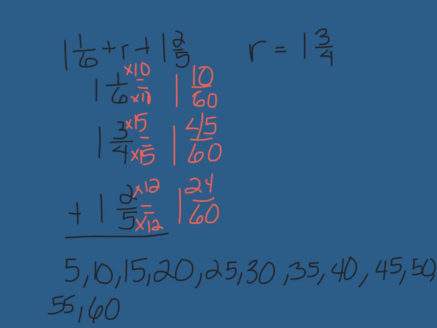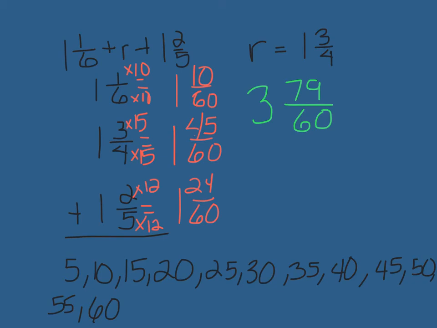Okay, so now all that's left is for me to add them up. So I add up my fractions. 10 plus 45 equals 55 plus 24. Okay, that equals 79. I'm going to write that right here because I can't fit it below. 79 over 60. And then I have my three whole numbers to add up. So 1 plus 1 plus 1 equals 3. So 3 and 79/60ths.